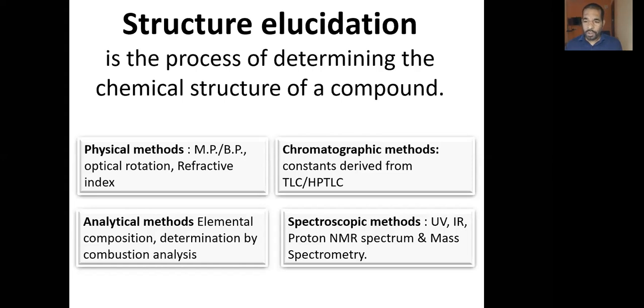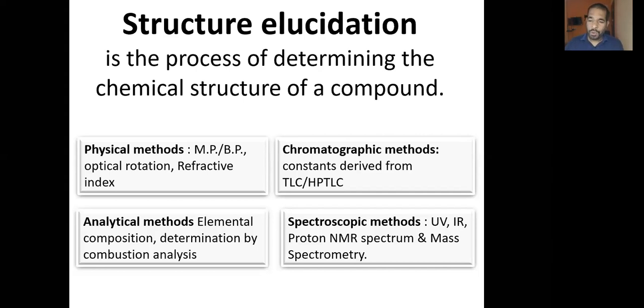Here I have mentioned only the constants derived from TLC or HPTLC. But we know that chromatographic techniques are separating techniques. We separate constituents from each other, and it helps to determine the structure.